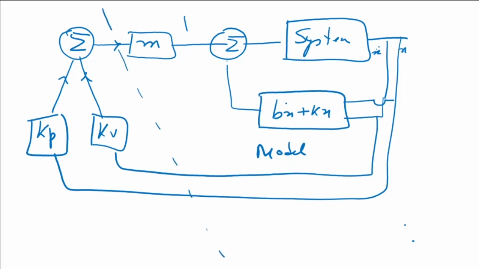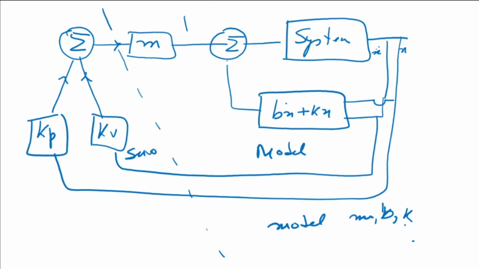If there is anything nonlinear here, it will be taken care of in the model part, and the servo part simply deals with Kp and Kv. So this is basically what we mean by a partitioned control system.